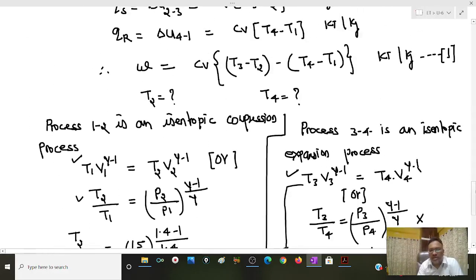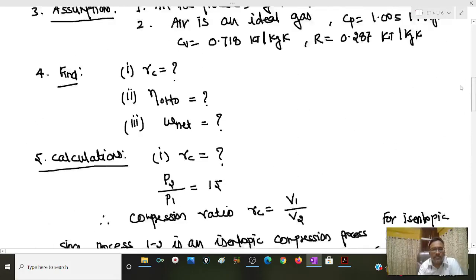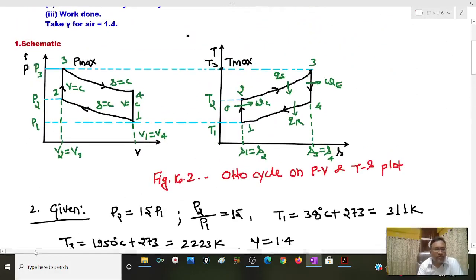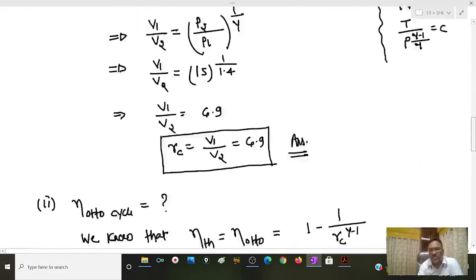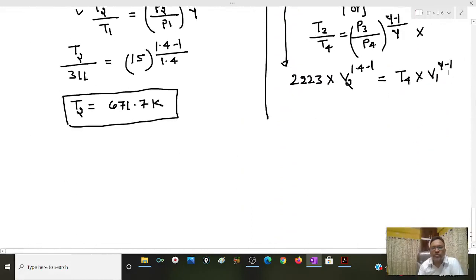If you refer to the diagram, V2 is equal to V3 and V1 is equal to V4, because the 2-3 and 4-1 processes are constant volume processes. So from here T4 will be equal to 2223 into (V2 over V1) to the power 1.4 minus 1.